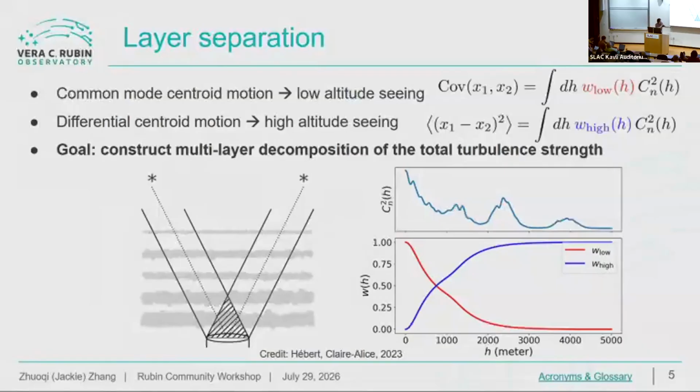More precisely, if we have a height-dependent profile of turbulence strength, like this Cn squared shown on the top plot on the right, then by looking at the covariance and the differential variance of the 2 star centroids, we can come up with an estimate of the integrated turbulence strength with respect to the red and blue curves respectively. That gives us roughly an estimate of how much of the atmospheric seeing is due to the ground low altitude portion or the high altitude portion.